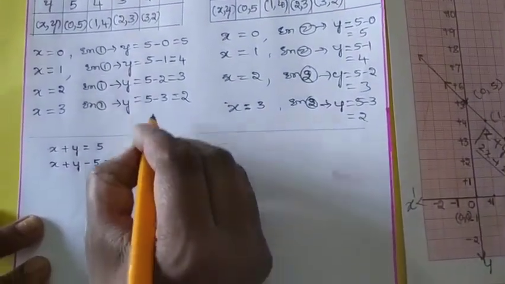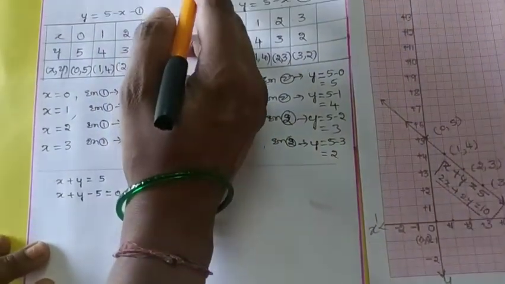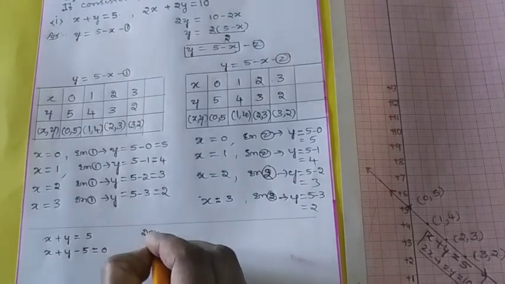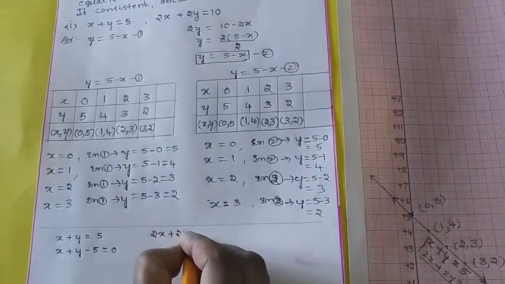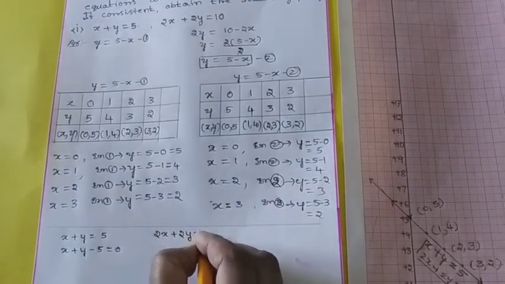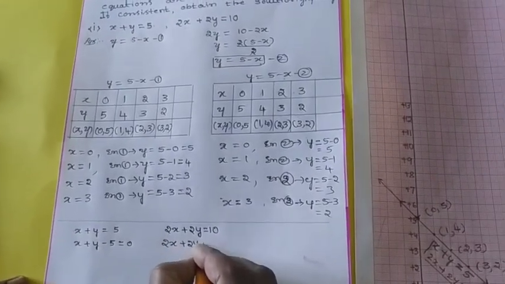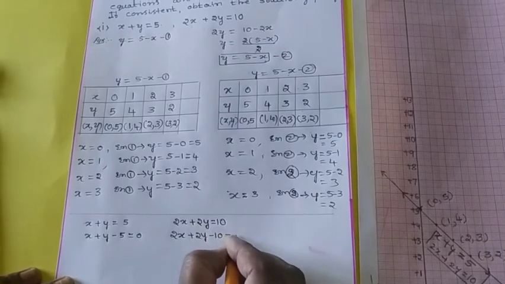Then the second equation is 2x plus 2y is equal to 10. Plus 10 is taken to LHS. It changes plus into minus, that is equal to 0.